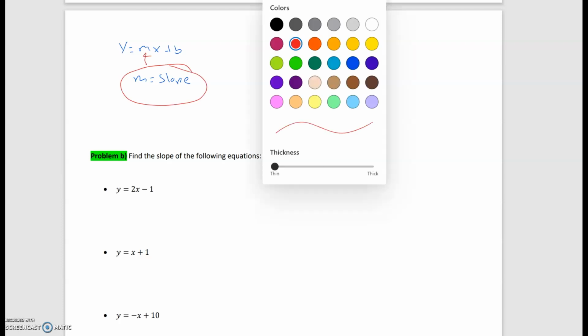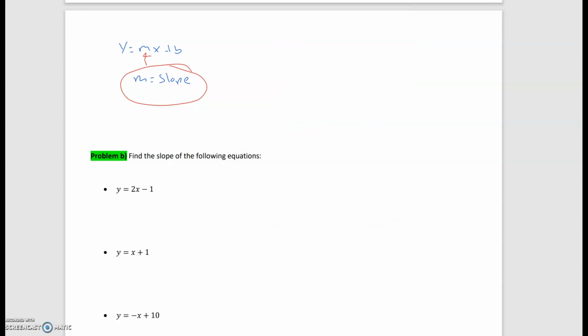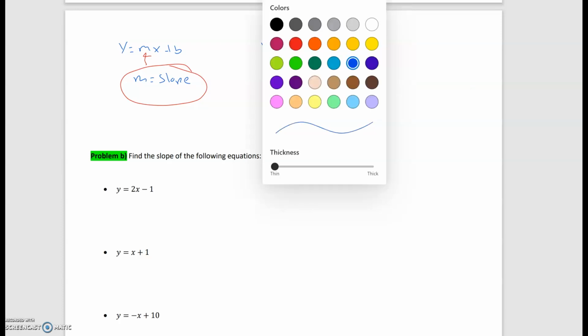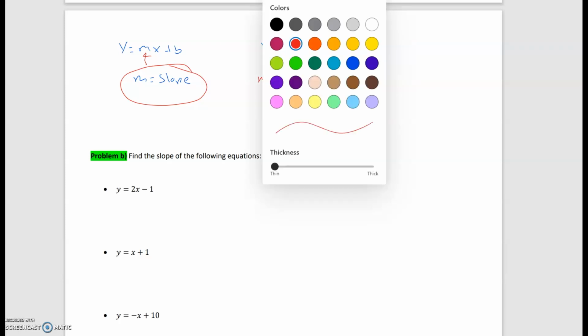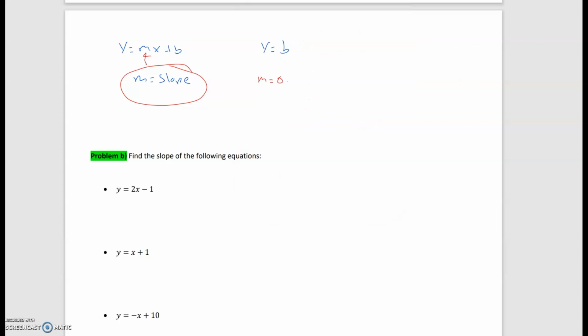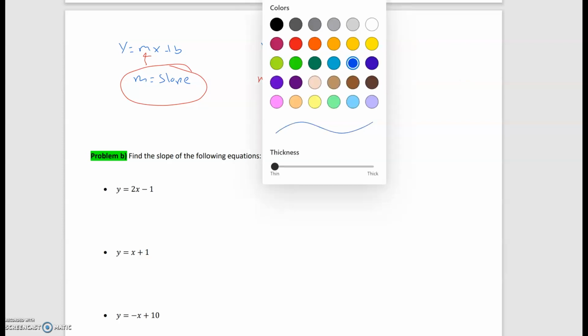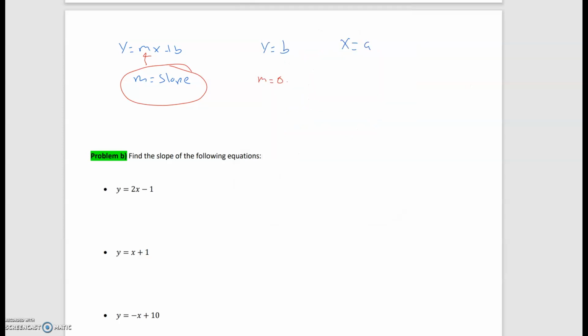Also, if you have a line that happens to be y is equal to b, automatically our slope is going to be 0. A line that is just y is equal to a constant is going to be horizontal. And a line that is given as x is equal to a is going to have a slope that is undefined.